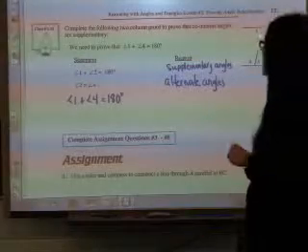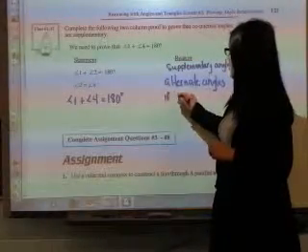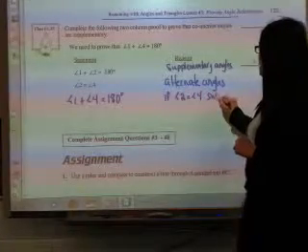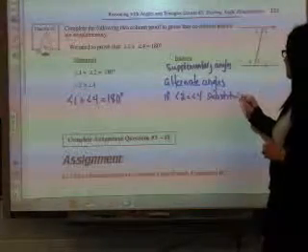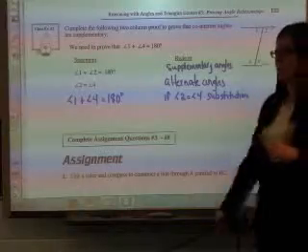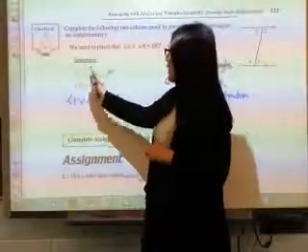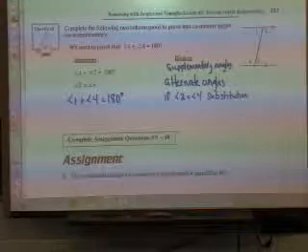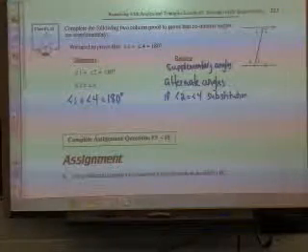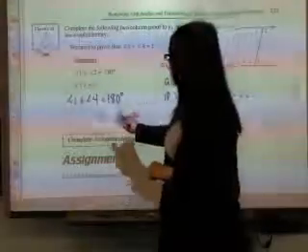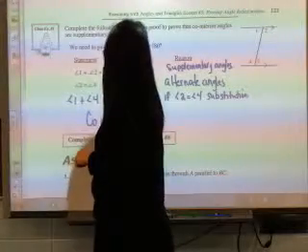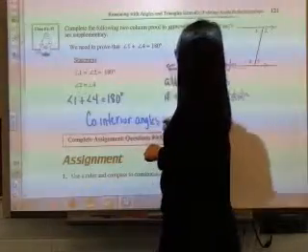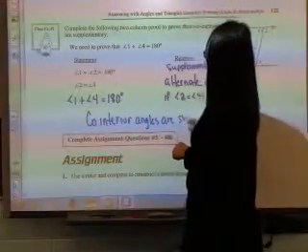And the reason is if angle 2 equals angle 4, I can use substitution. So I can substitute angle 4 in for angle 2. So we have proven that co-interior angles are supplementary.